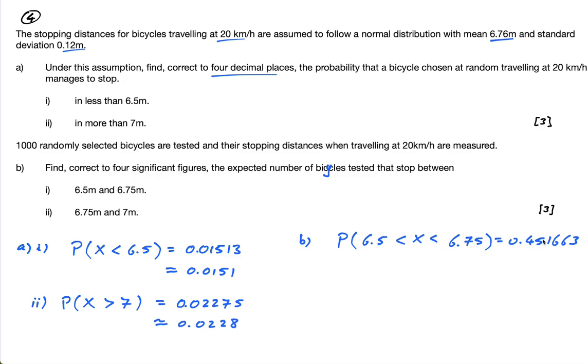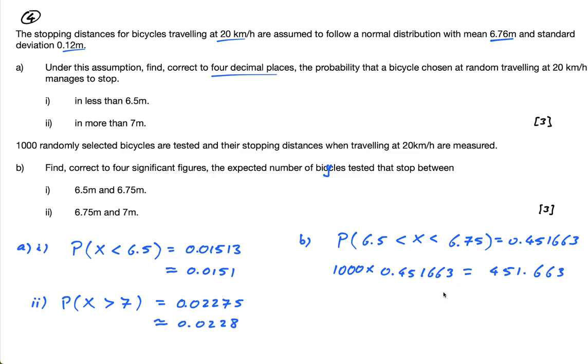So now this is the probability that they're between 6.5 and 6.75, but we need to find the expected number of bicycles out of 1,000. So I just do 1,000 times 0.451663, and I can do that without a calculator, guys. That gives me 451.663, but he says correct to 4 significant figures.